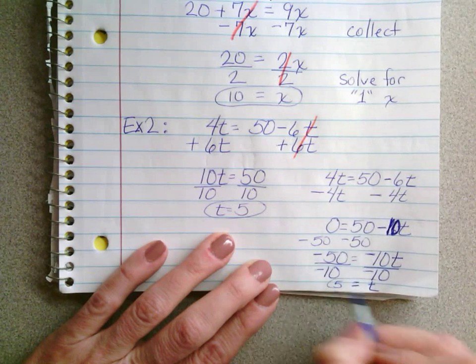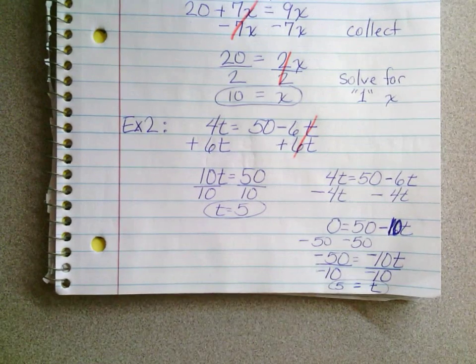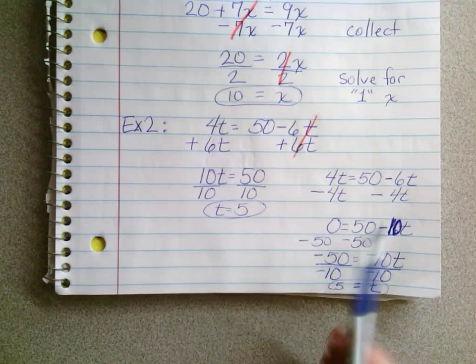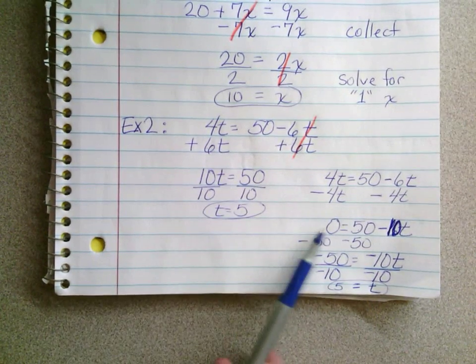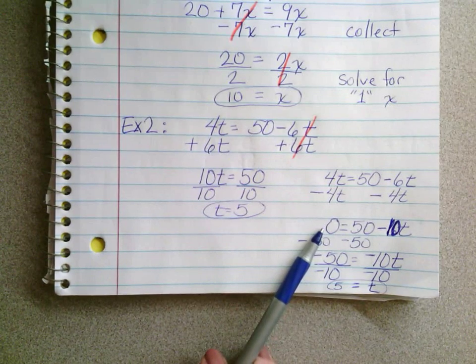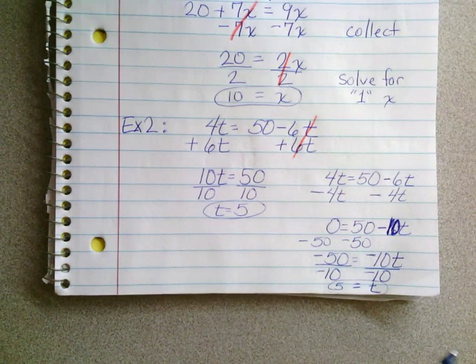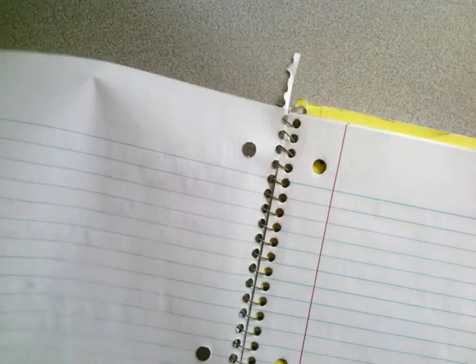Did we end up with the same answer? A little more work, though, don't you think? But if that's how your mind thinks, if your mind went there before it went here, you'll still be able to get there. You just need to work it and take your time getting there. Okay? That's example 2.